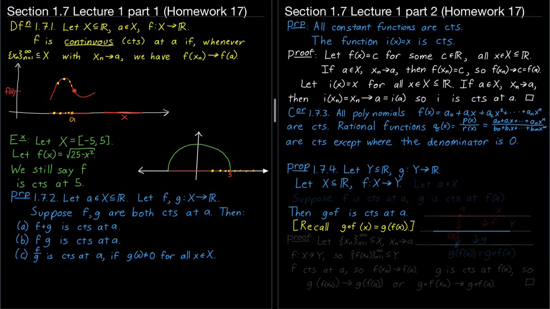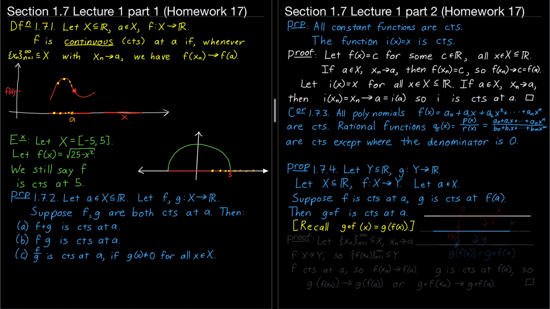And then we let a be a point in X. And now we're supposing that f and g are continuous, so we suppose f is continuous at a, and then g is continuous at f of a. And then the conclusion is that g composed with f is continuous at a. And let's draw a picture.